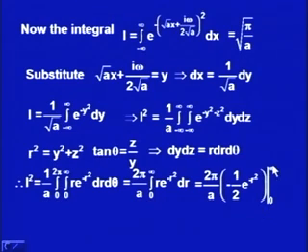Now, as r approaches infinity, r square will also approach infinity, so e to the power minus r square approaches 0, this we know from limits. So, as r approaches infinity, this function gives me 0, and as r approaches 0, it gives me 1, that is, minus half.